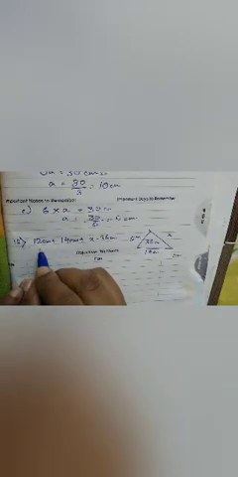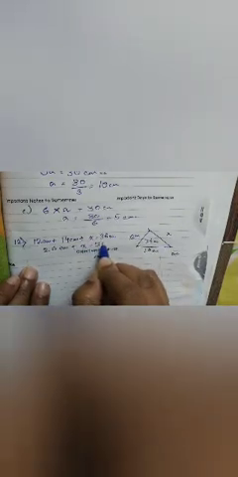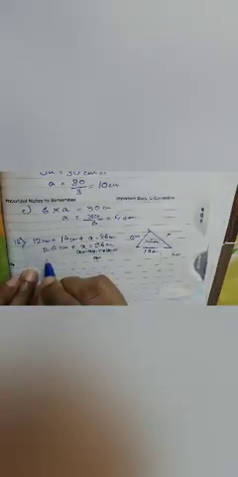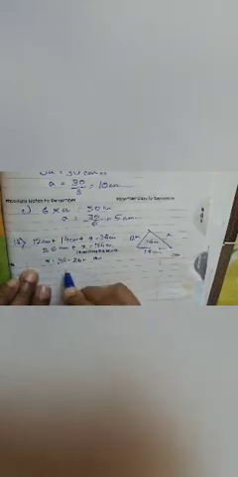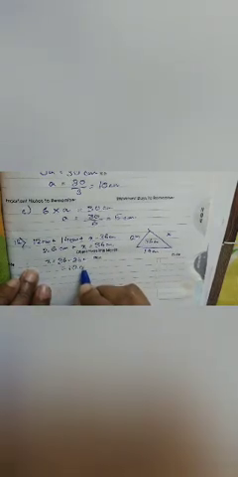So what do I have? 12 centimeter plus 14 centimeter plus x is equal to 36 centimeter. Right? So now 26 centimeter plus x is equal to 36 centimeter. So what is the value of x? 36 minus 26 centimeter, which is equal to 10 centimeter. Okay?